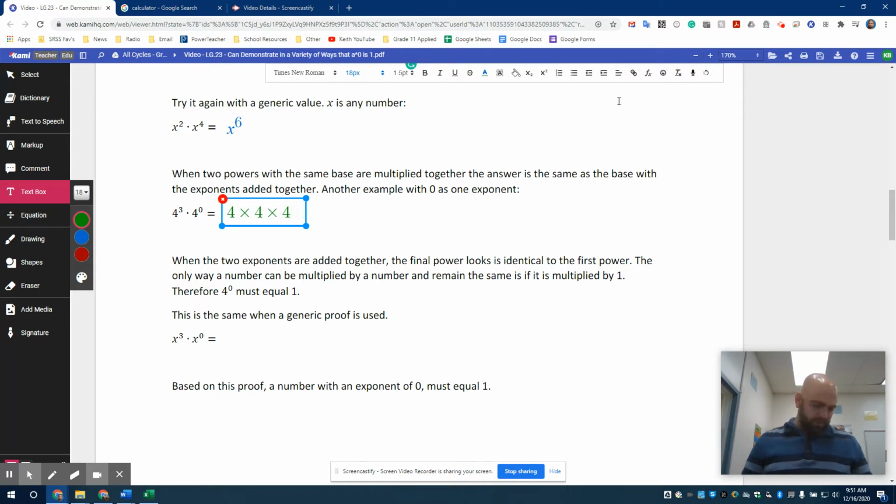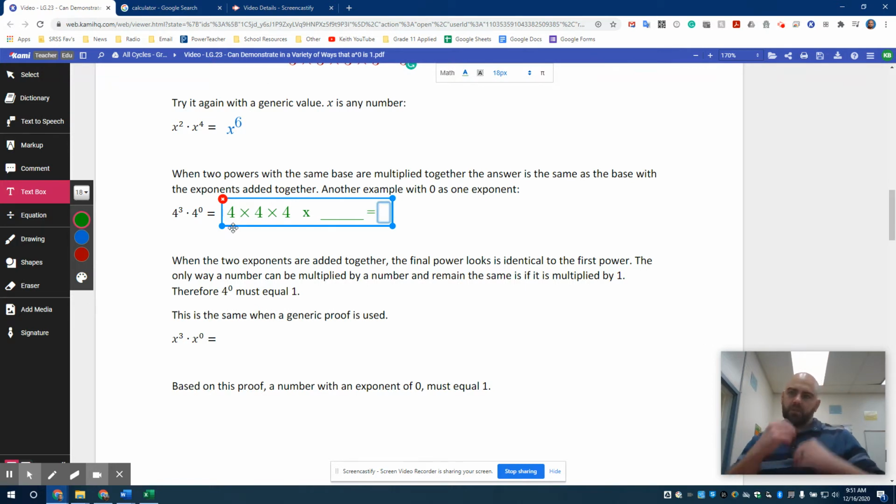And then we're going to multiply by something. Again, we're just going to assume that we don't know what 4 to the power 0 is. But look at this, we're going to use the same pattern. Let's add the exponents together. 3 plus 0 is 3, so this answer here would be 4 to the power of 3, because we have 3 and 0, which adds up to 3.